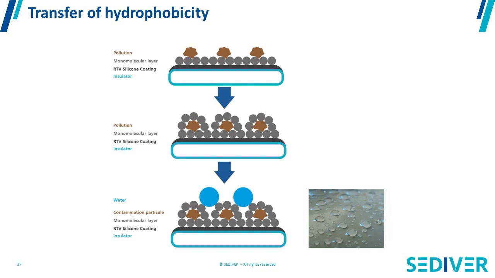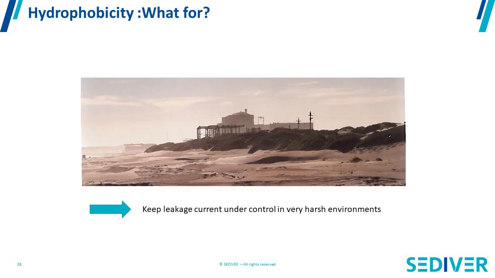So if you remember what I explained earlier, ESDD and SDD, the pollution process is a result of a conductive surface, which is wet. If I can prevent the surface from remaining wet, I will also prevent the leakage current from taking place. And in that case, I have a pollution performance that will be much, much better. I just give you here one example.